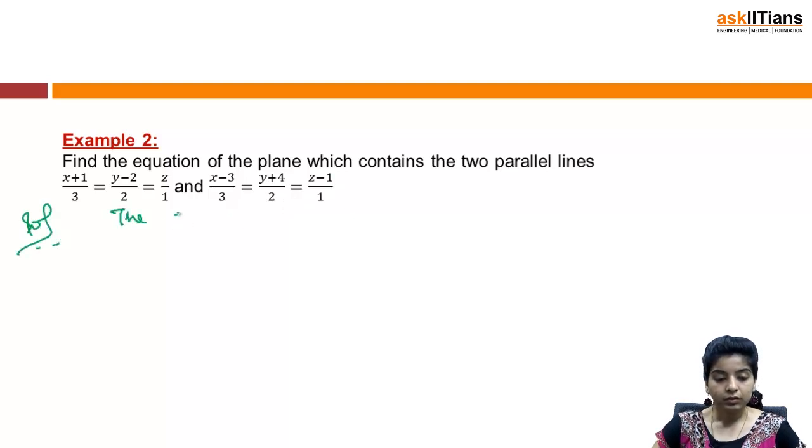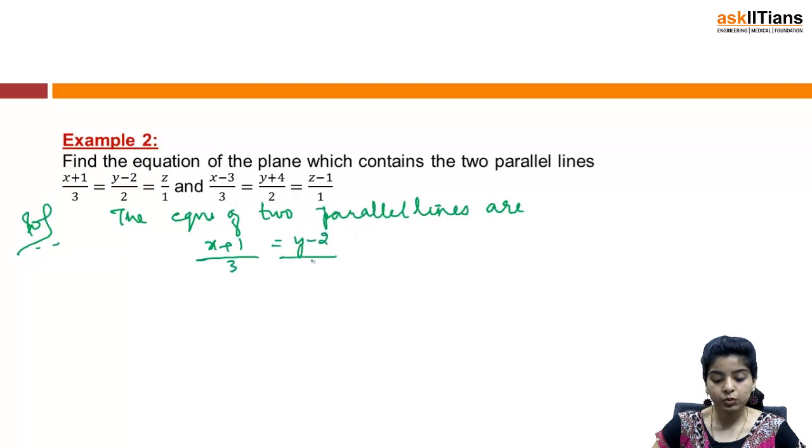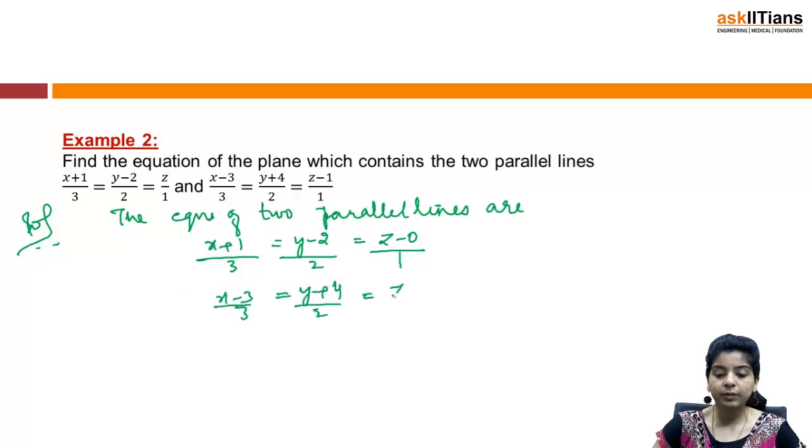The equations of the two parallel lines are x plus 1 by 3 is y minus 2 by 2 is z minus 0 by 1 and x minus 3 by 3 equal to y plus 4 by 2 is z minus 1 by 1.